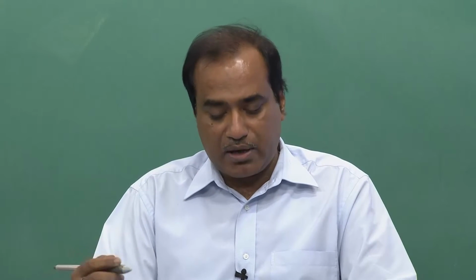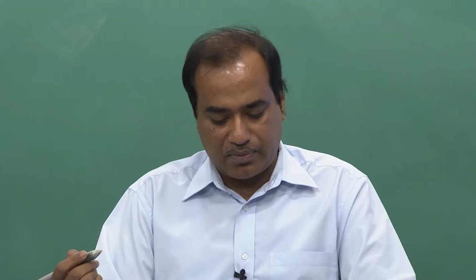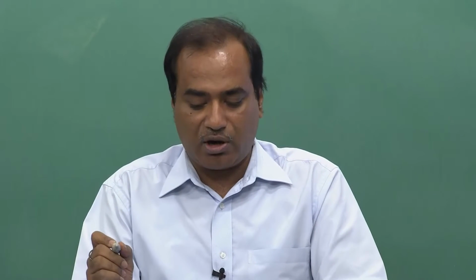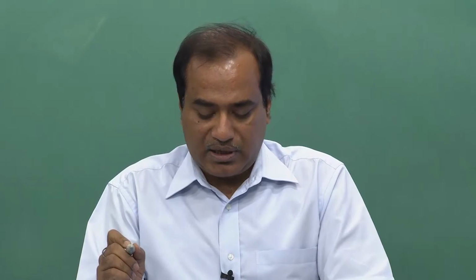We have obtained its standard error as 251 in proper units, and the prediction interval is like this. Okay. So this completes the framework of the prediction of average value in this case.